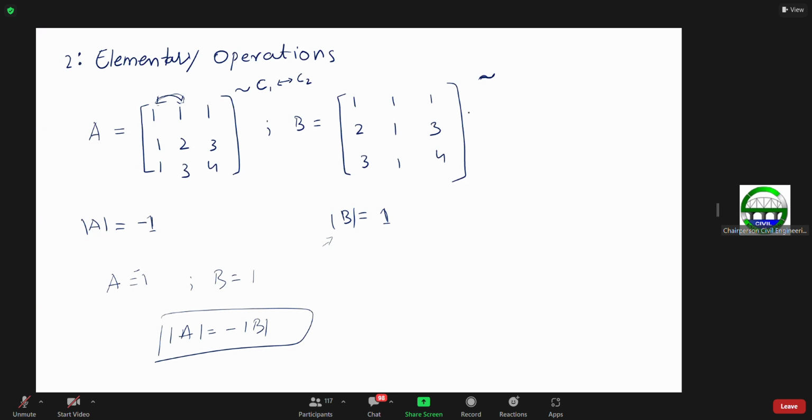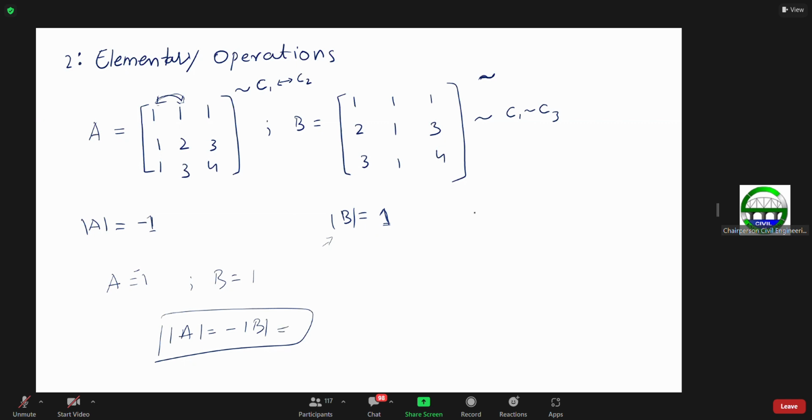If I change again, let's see, I change C1 with C3. If I change this one, you will see the determinant will be the same but with a different sign.